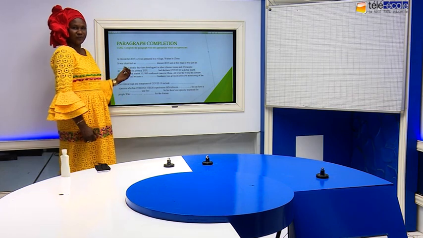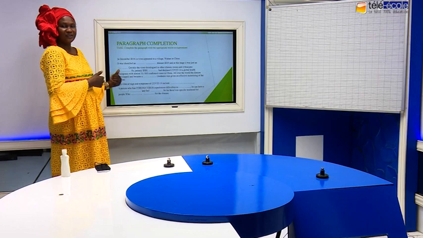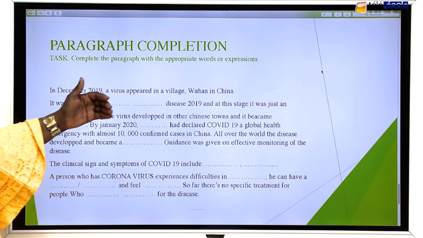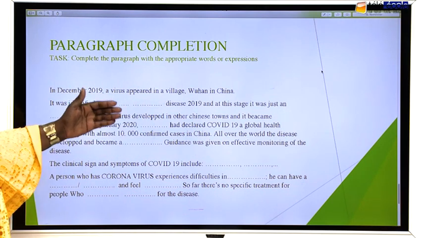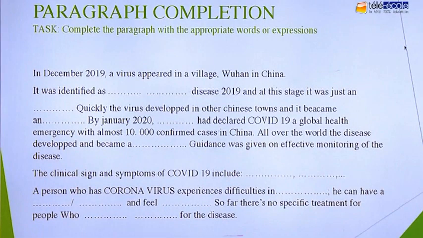These words or expressions are words and expressions we've already studied. Now, try to fill in the blanks using these words so that you'll have at the end a meaningful paragraph. So, you can read it, you can do it alone, or you can do it in pairs, or in a group.